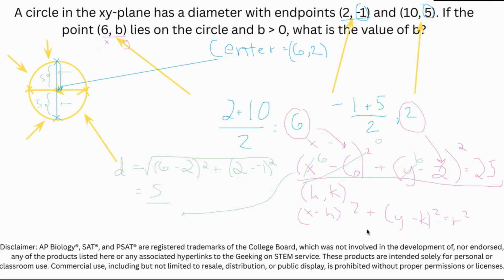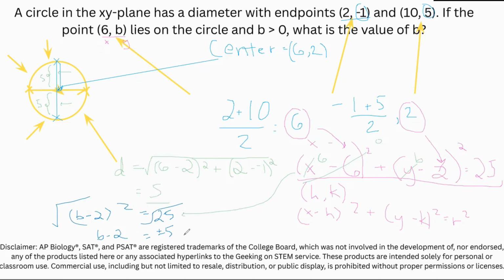And I have b minus 2, b minus 2 squared is 25. Take the square roots of both sides. Remember, square root is plus or minus, right? So it's plus or minus 5 is b minus 2.